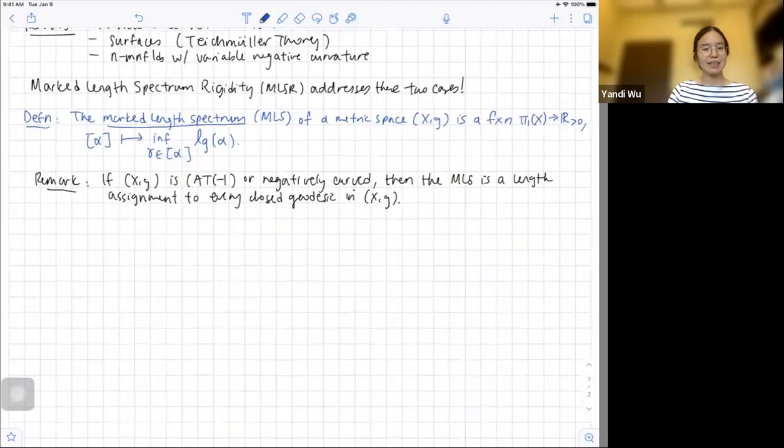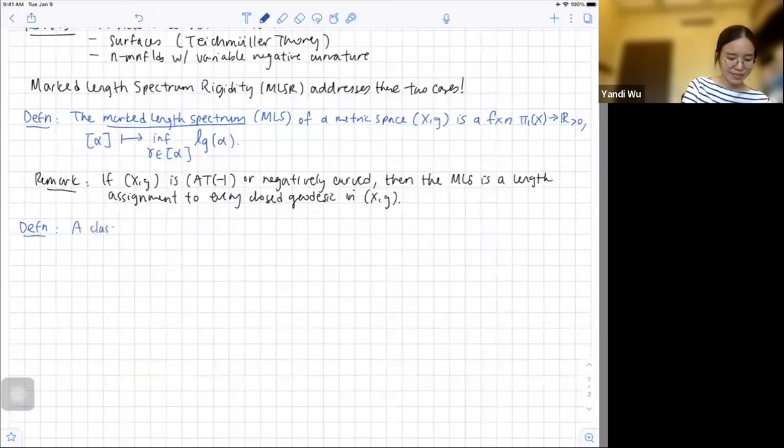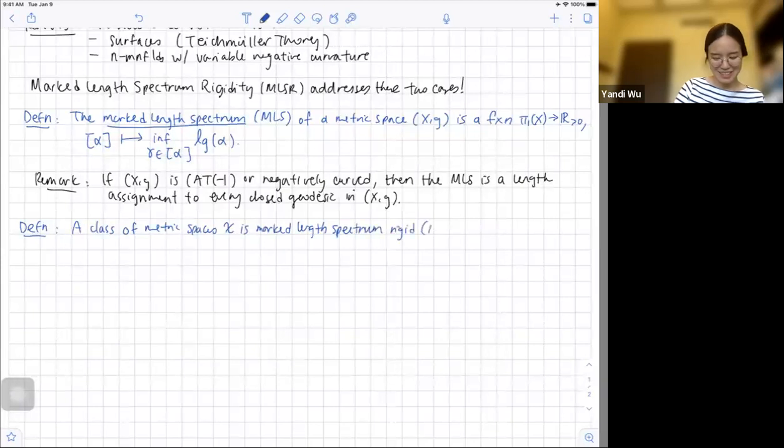Now that I've defined the marked length spectrum, I can define marked length spectrum rigidity. This is defined for a class of metric spaces. Is the class marked length spectrum rigid? Again, that's a lot to write out, so I'm just going to abbreviate it as MLSR.